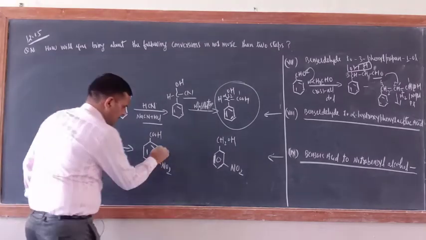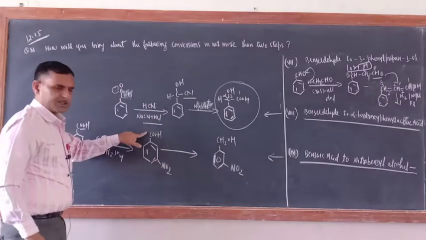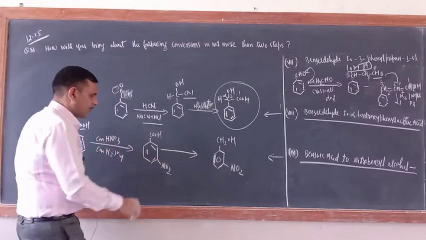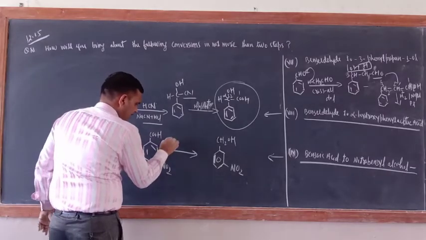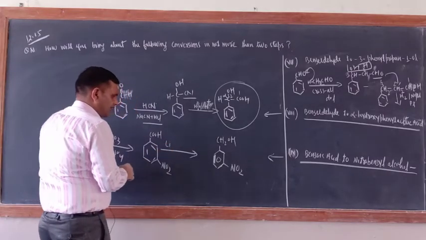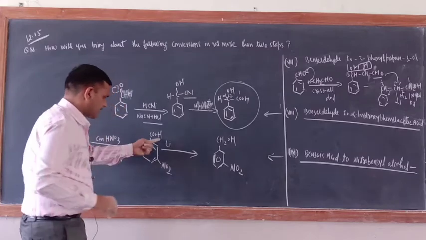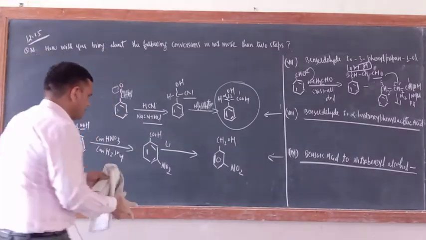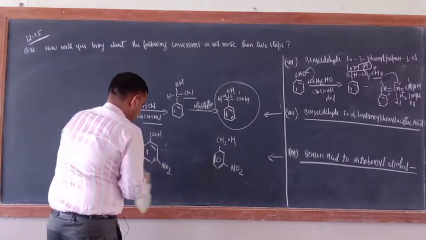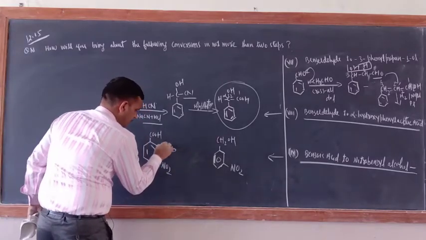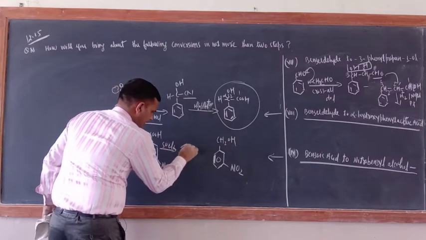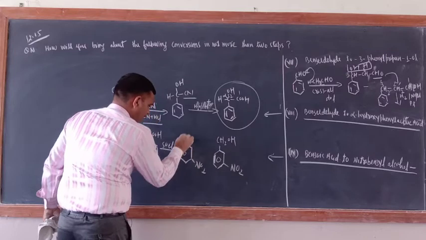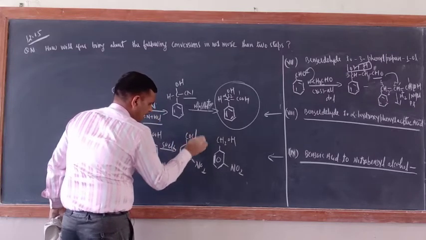Now try to understand, subject it to reduction. What is the reduction product of carboxylic acid? Lithium aluminium hydride. Otherwise do one thing, just see, treat this one with SOCl2. So here the product is NO2 only, and here COCl.